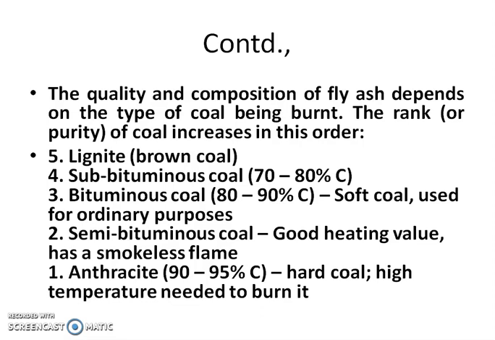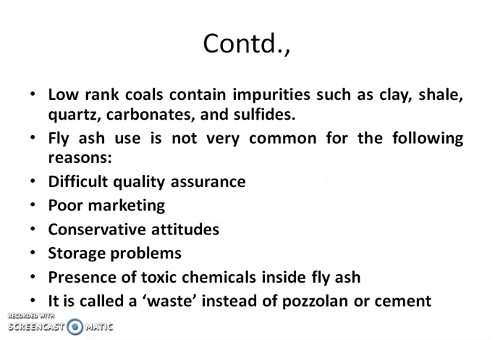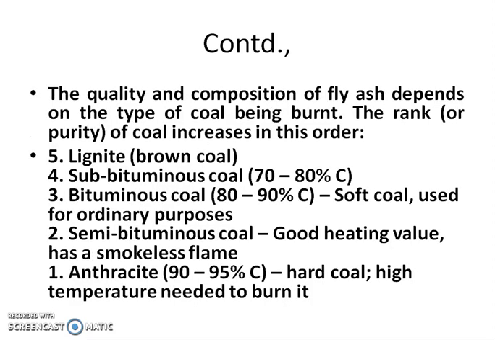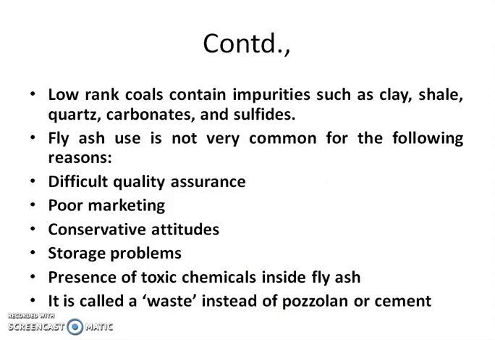So the ranking is given as such: lignite, sub-bituminous coal, bituminous coal, semi-bituminous coal, and then comes the anthracite. So low rank coals contain more impurities. This anthracite, around 90 to 95% carbon, which is a hard coal, has much more impurities in the fly ash it is producing.